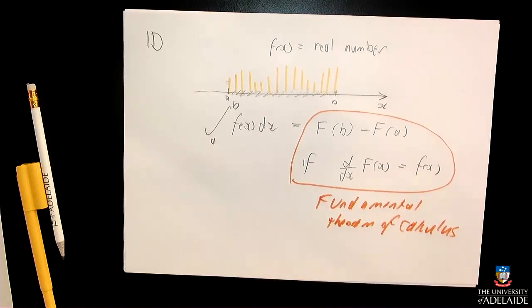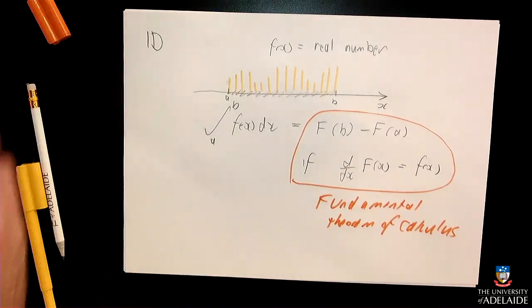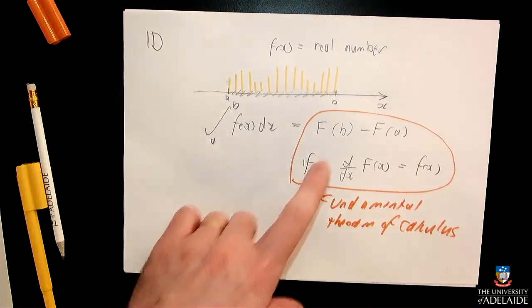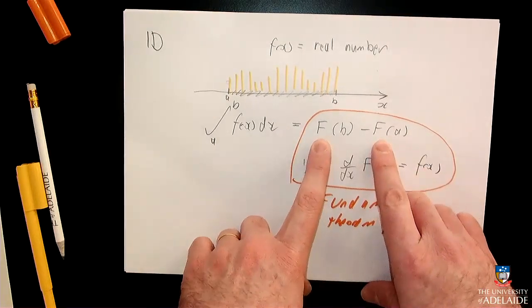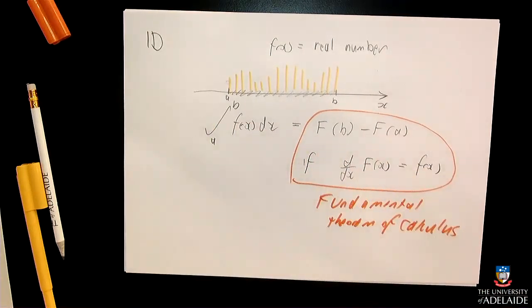It tells you that if your function is already the derivative of something, then I can do the integral by just finding out what the thing that it's the derivative of is at the two endpoints and subtracting them. Okay. Right. That's one-dimensional. And we're good, in inverted commas, at those relative to the new ones we've done.